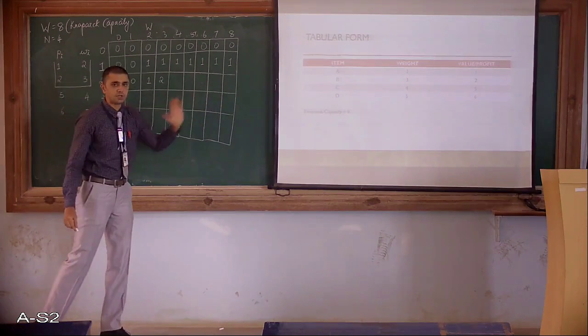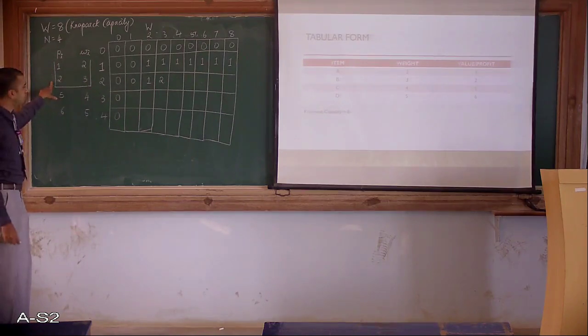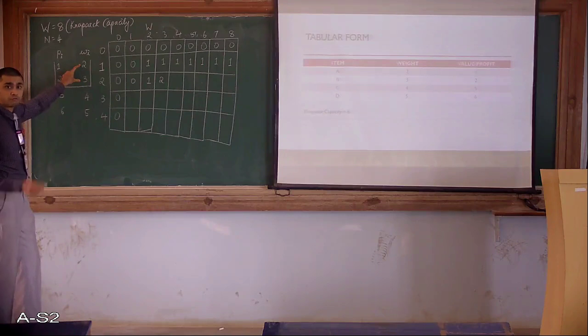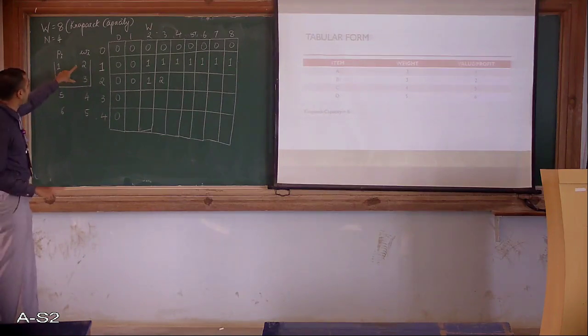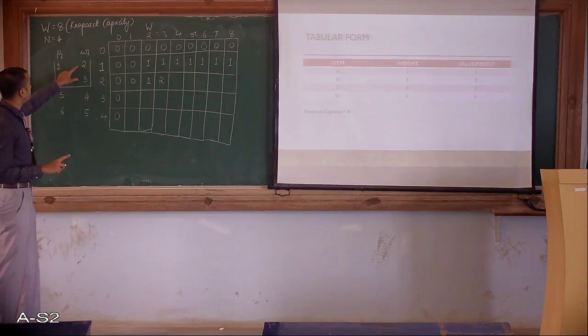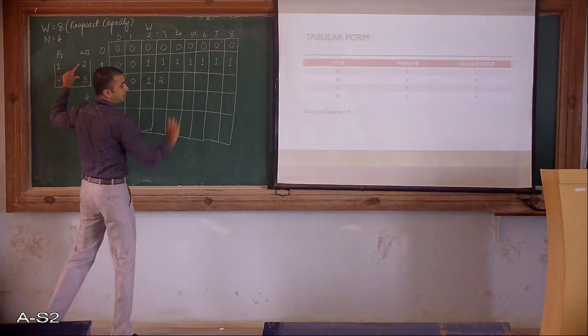Now what about the remaining? I am adding 2 objects now, object 1 and object 2. If I add these 2, what will be the total weight of those 2 objects? If I add object 1 and object 2, I need to consider their total weight. So what is the total weight over here? 3 plus 2 is equal to 5. The knapsack capacity is 8.